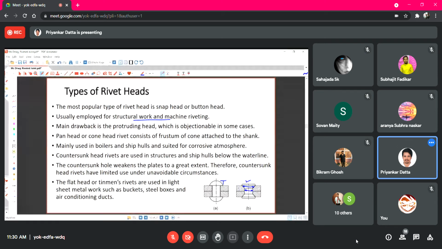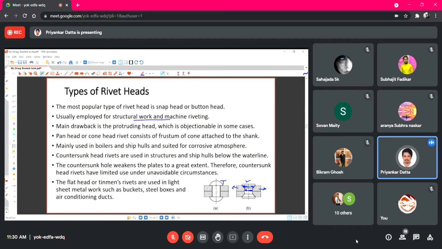If you put tensile load, the lower part, where less material is removed, will be able to support that load. But the top part, since a higher amount of material is removed, will become weak and there is a chance of failure. So that is why we generally use the countersunk head only in unavoidable circumstances.